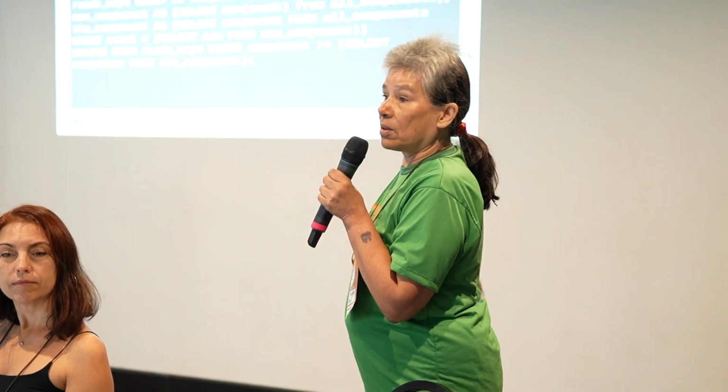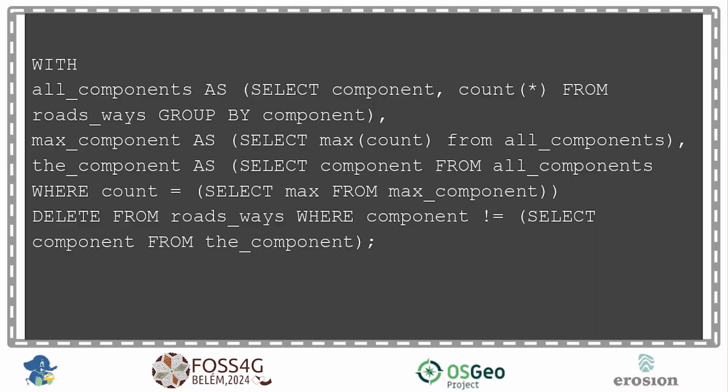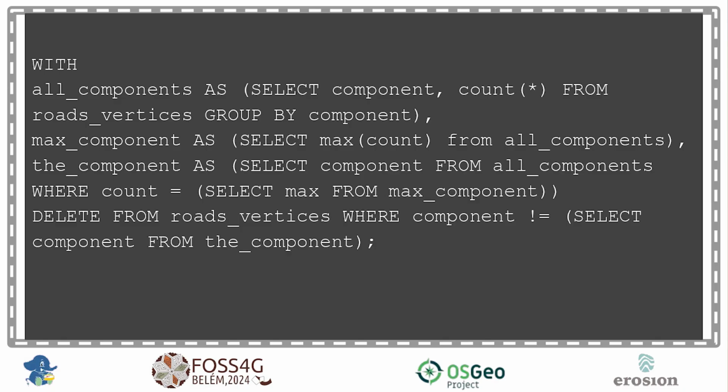So if we have a component that has 1,000,000 rows, we're going to delete all the other components. This is deleting them from the roadways. And this one is just a small change. You can see that basically nothing changed. This one is deleting from the vertices table. So the work on both tables in this case is very similar.